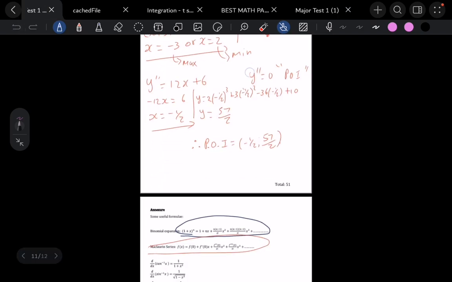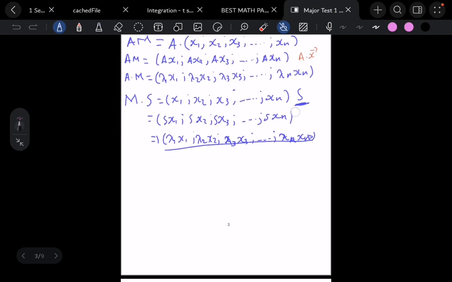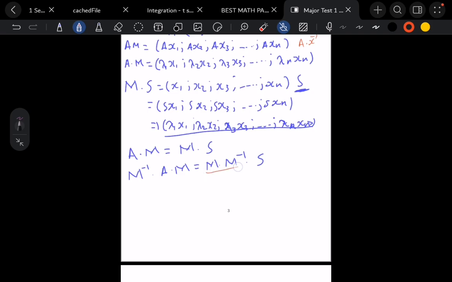Now, if both of them are true, we are going to say that A times M is equal to M times S. How would you move an M to that side? I'm going to multiply both sides by the inverse of M. So I'm going to have M to the power minus 1 times A times M is equal to M to the power minus 1 times M times S. Now, when you multiply a matrix by its own inverse, you are going to get an identity matrix.